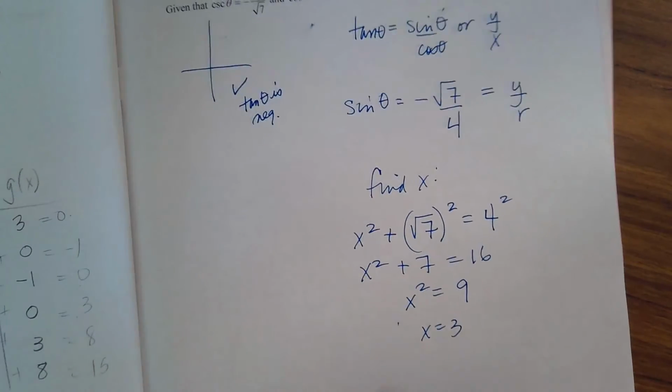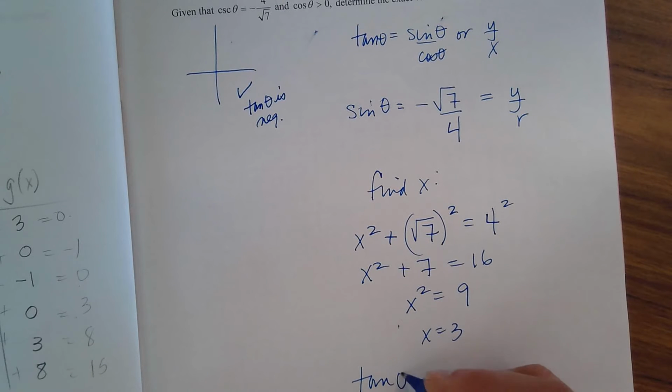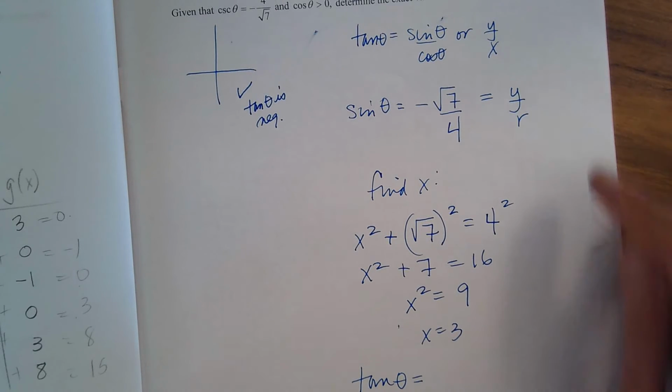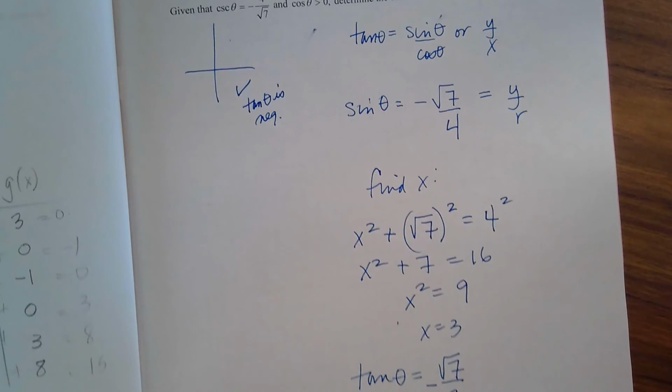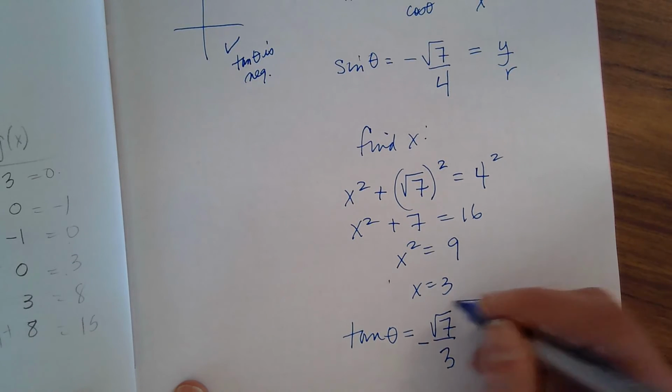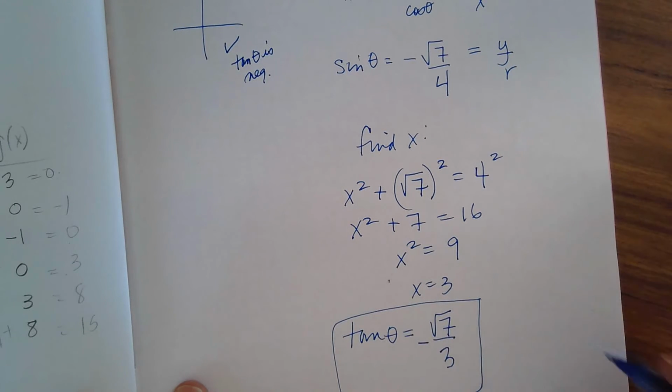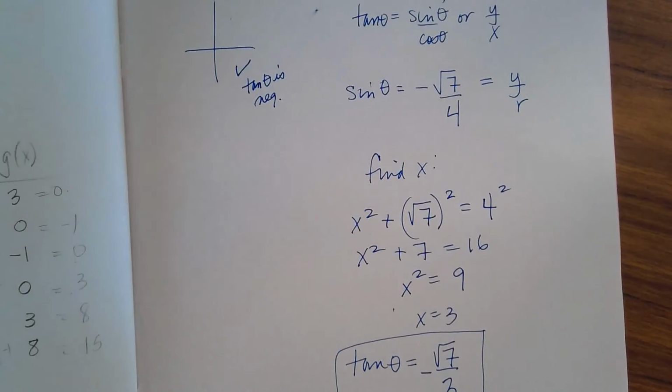So that means that tan theta equals y over 3, and it's negative because it's in quadrant 4. So that was a really straightforward question, and it's worth 2 marks, right?